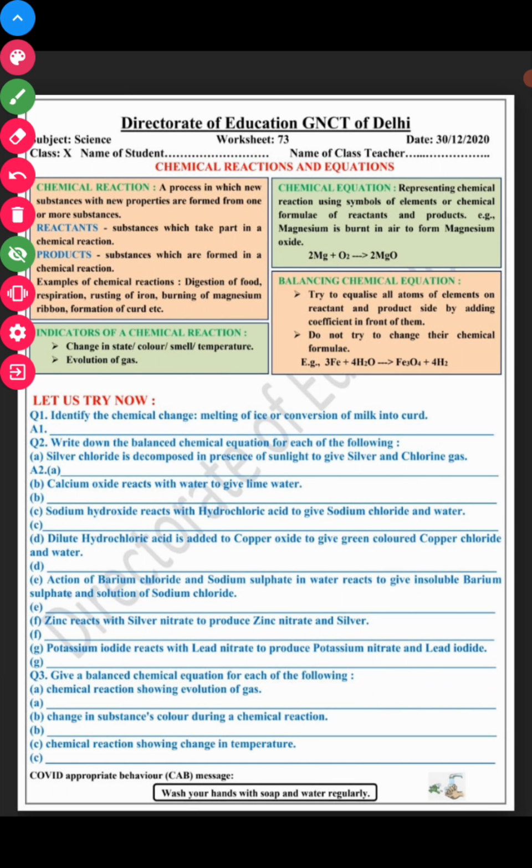Next, change in the substance color during the chemical reaction. You can write any of the chemical reactions, even this one, in which lead nitrate, when it reacts with potassium iodide, will convert into potassium nitrate and lead iodide.